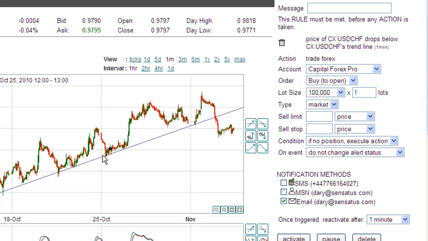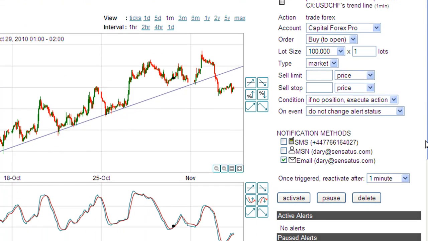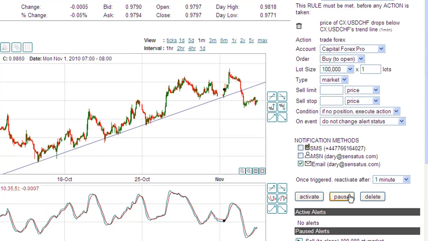That means if it keeps bouncing along the trend line like it did here, you only buy once. So if no position, buy to open, and do not change the alert status, just leave it active. Repeating every minute it keeps checking to see if the price is falling below the trend line, but once it opens up it only makes one trade.